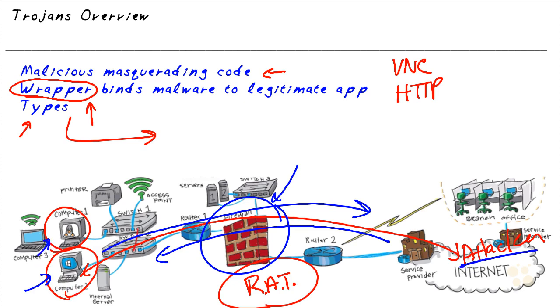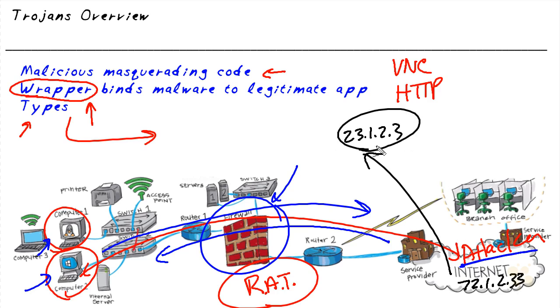And behind the scenes, just a little bit, the attacker also doesn't want to have his real IP address involved. So the attacker will tunnel out to a service on the internet, and let's say he has an IP address of 23.1.2.3, and his real address, let's say it's 72.1.2.33. And he's got a tunnel between himself and this site. And then he can use a feature called dynamic DNS and get a host name, like host 572.418 dot something for the domain.